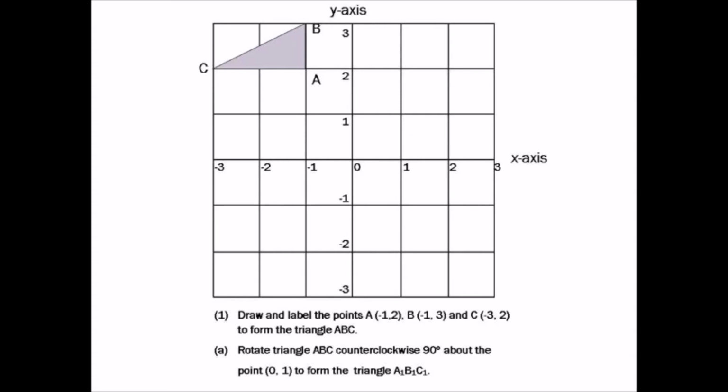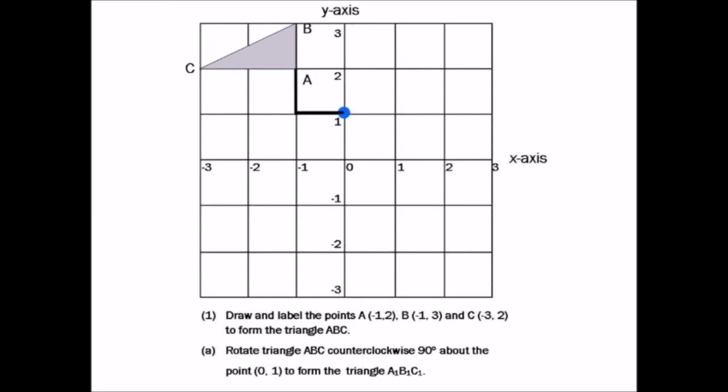The point is (0, 1). So first you have to find that point and then use it, attach the lines to the triangle and move it the same way we did with the origin as the center of rotation. So find the point (0, 1), and let's see if we can move it. Now remember, if you're going counterclockwise, we will be going not right, we're going left.